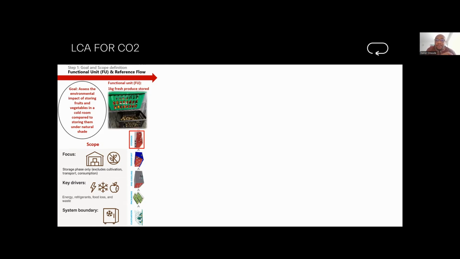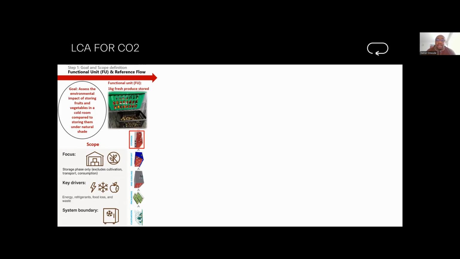Such as the solar-powered cold rooms, the cold room with battery storage, the cold room with ice storage, thermal storage, and then we have the ice block. Then we have the solar cold room with phase change materials such as wax, PCM, and so on and so forth, right? And again, for comparison's sake, the baseline scenario of no cooling, where produce is kept in a natural shed.